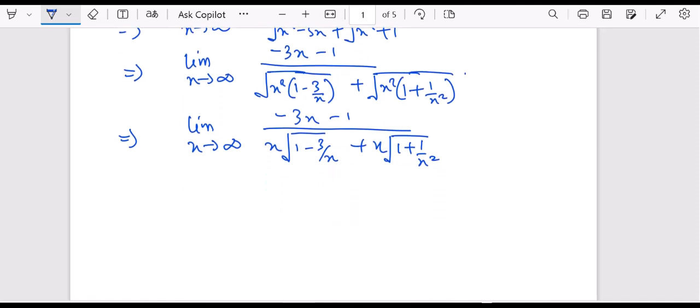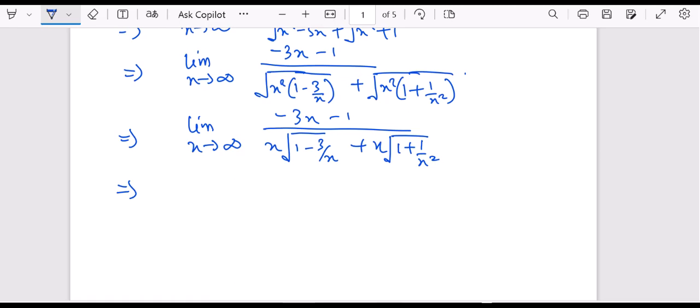Okay, but you know how we take the limit to infinity of rational functions like this? We divide each term by the x with the highest power.